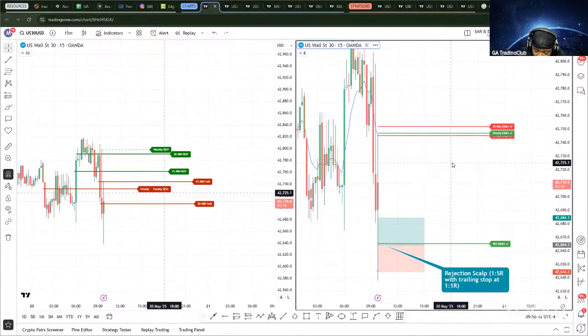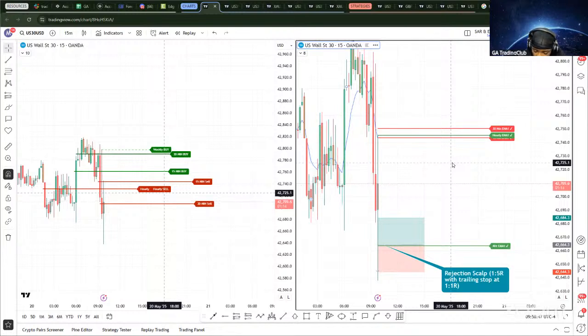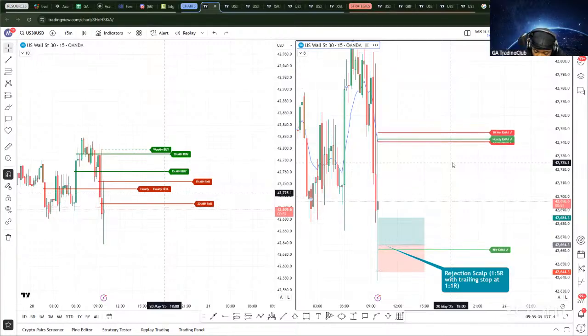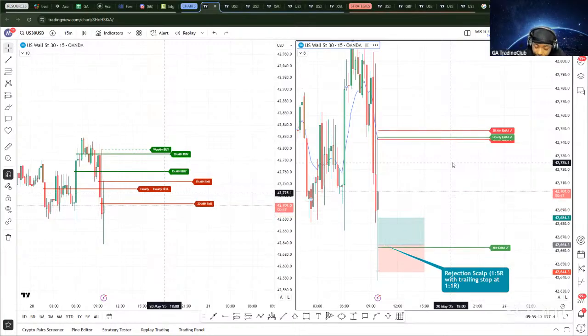So at the very least, you can choose to trade just SAR rejection, or just EMA rejection, or just pre-market highs and lows rejection scalps, because it can get confusing, especially if you are entering on multiple accounts. If you just have one account, then you should be fine. And you also need to remember to follow those three confluences that we talk about.